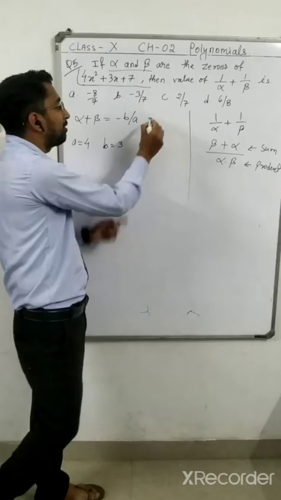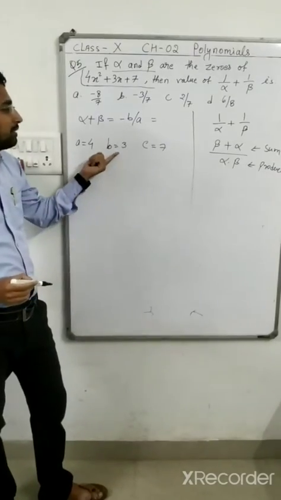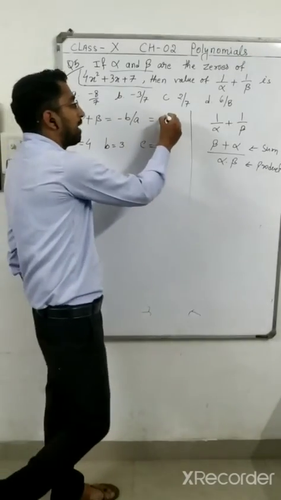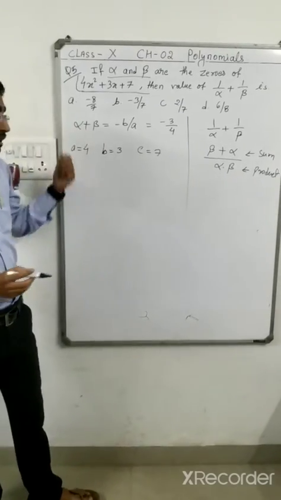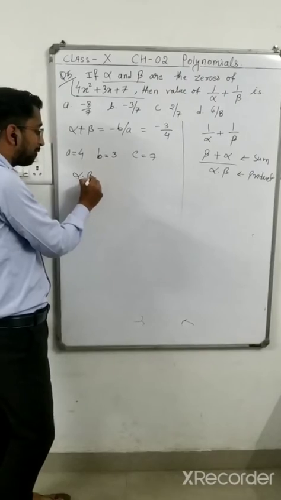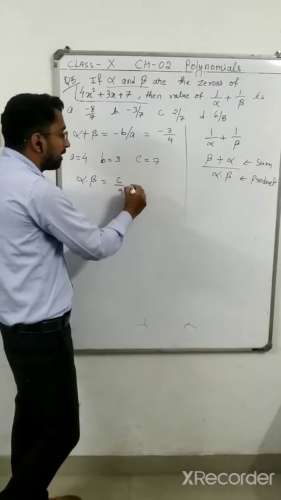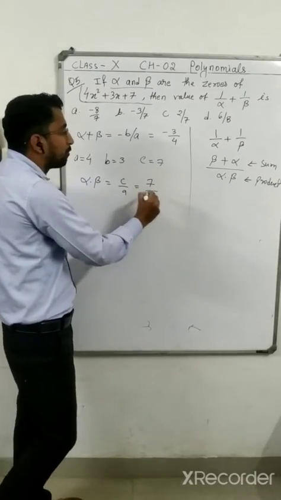So this minus b upon a will be minus 3 upon 4. Minus 3 upon 4 is alpha plus beta. Let us see the product alpha into beta. As I told you, c upon a. So we will be getting 7 upon 4.